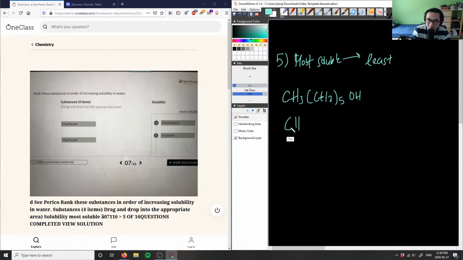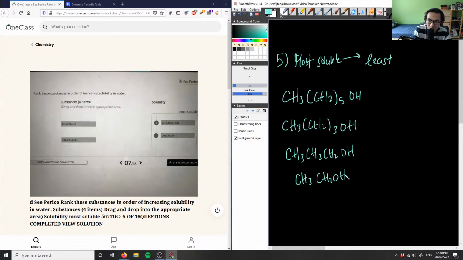Then I have CH3CH2CH2OH. On the right side, I have CH3CH2CH2OH, and then finally CH3CH2OH. It's asking us which one is the most soluble to the least soluble. I'm going to rank these, so let me give them numberings: 1, 2, 3, and 4.